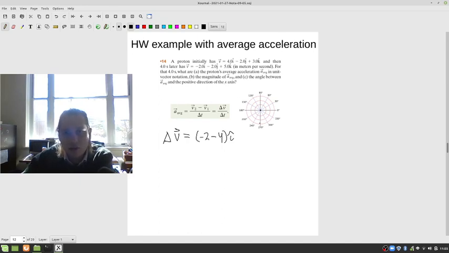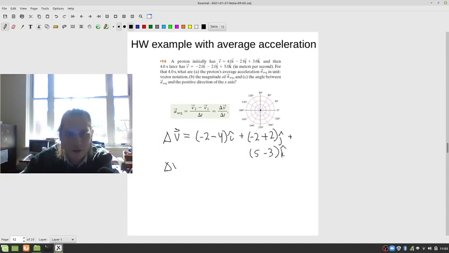And then in the y direction, it's minus 2 minus a minus 2, so that's 0. And then in the k direction it would be 5 minus 3.